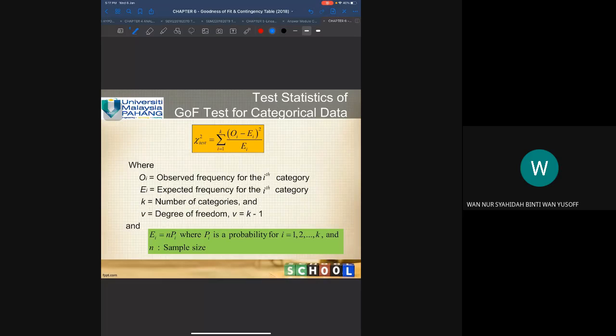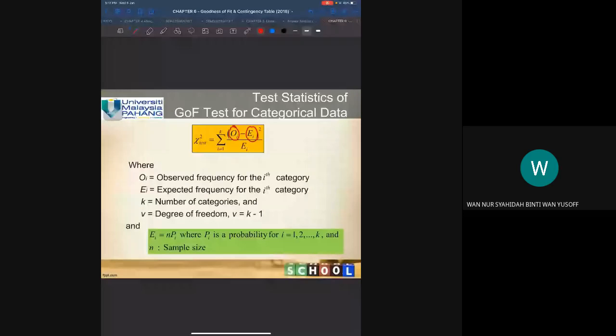So this is how we calculate for the GOF, the goodness of fit test, for the categorical data. So O here is given in your question, and we need to calculate the E based on the distribution given.